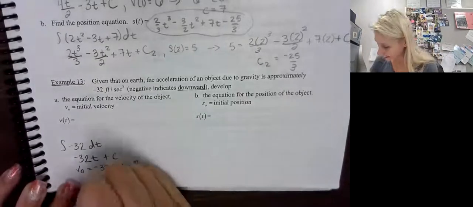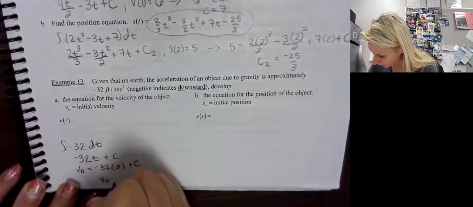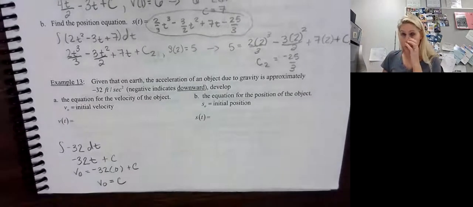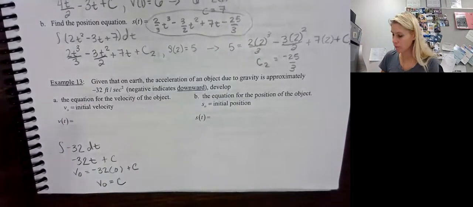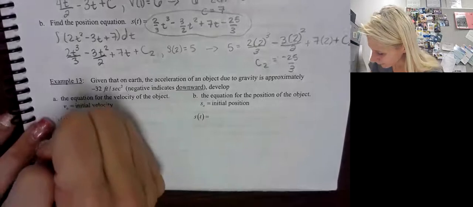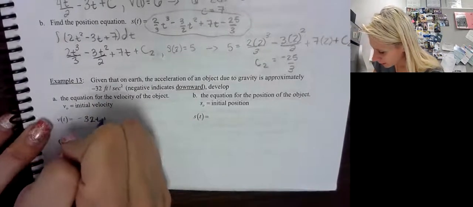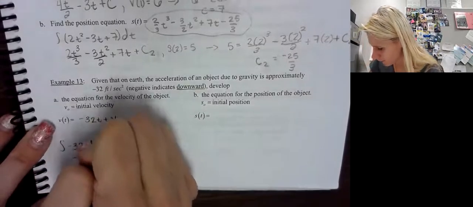So what does that make c? Well, c is the initial velocity. So I could say that the equation for the velocity is negative 32 t plus the initial velocity.